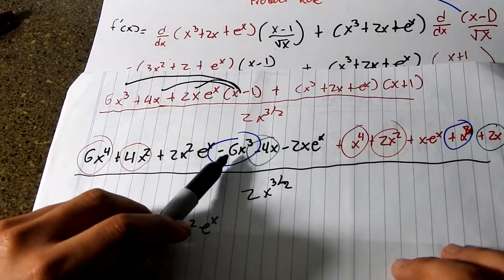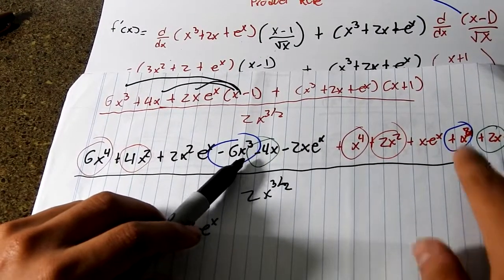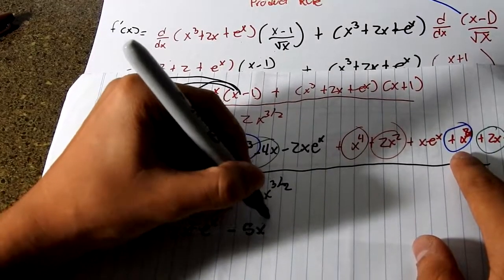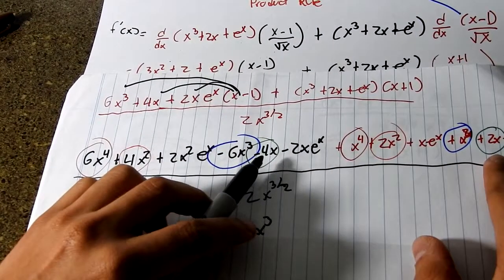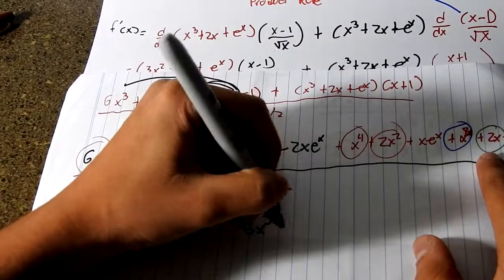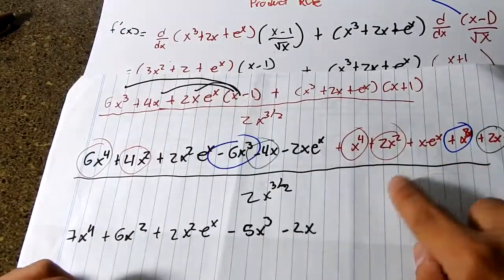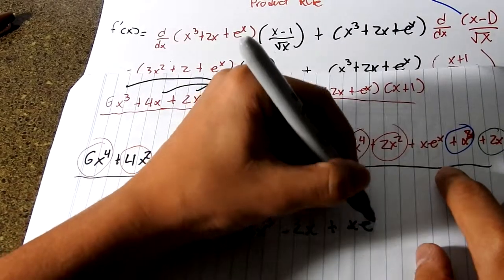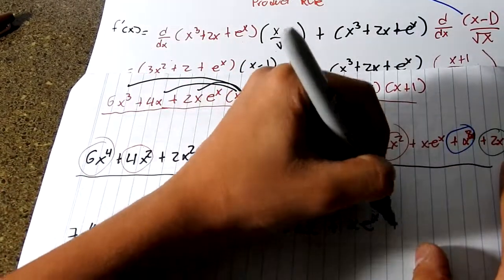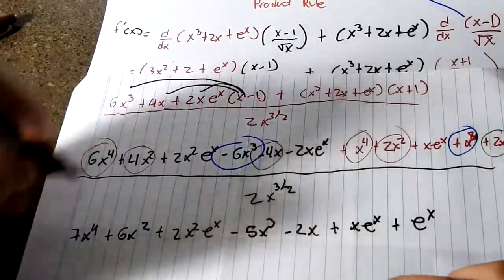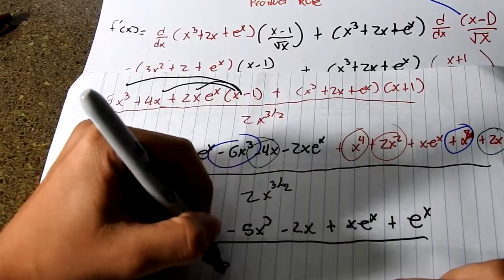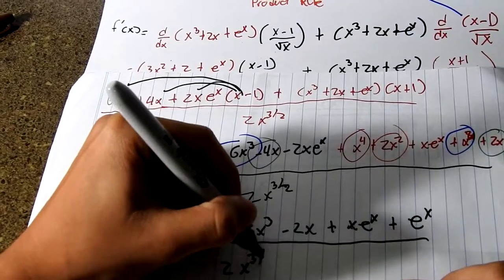We have minus 6x to the third, and we have a plus x to the third. That's minus 5x to the third. Then we have minus 4x plus 2x. That's minus 2x. And then we have this plus x e to the x, and then we have plus e to the x. And then all of this over 2x to the 3 halves.